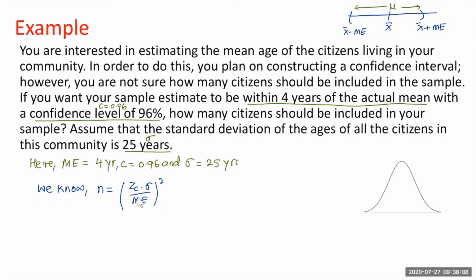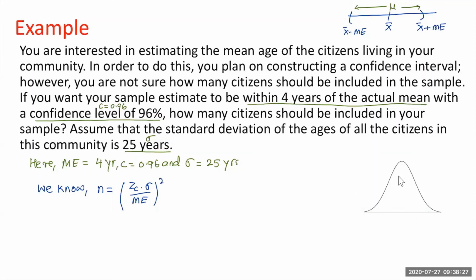That is the formula. You have the margin of error here. You have the population standard deviation here. We don't have z sub c. So first, we need to calculate z sub c using the standard normal distribution.